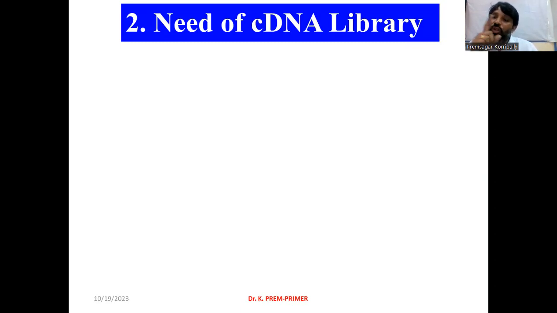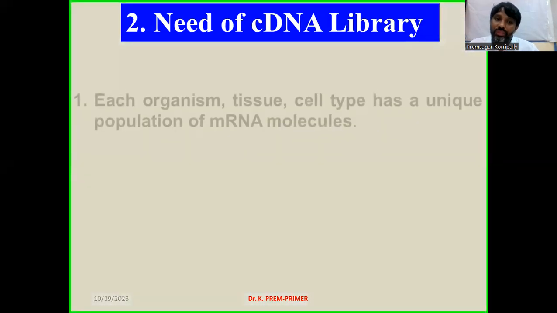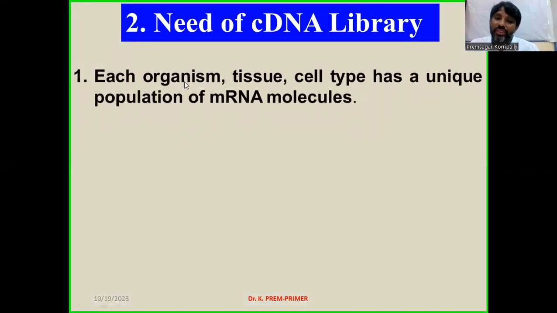The unique population and degree of expression of a particular gene varies from one cell to another cell and from one condition to another condition. So each organism, tissue or cell type has a unique population of mRNA molecules.